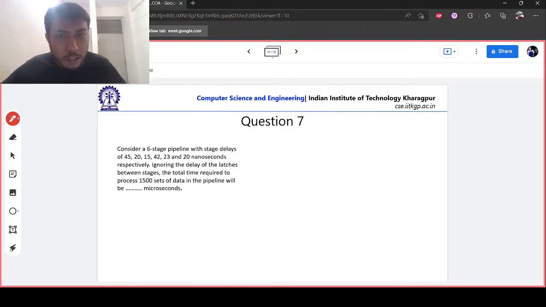Simple problem. This is similar to the equation that has been given.